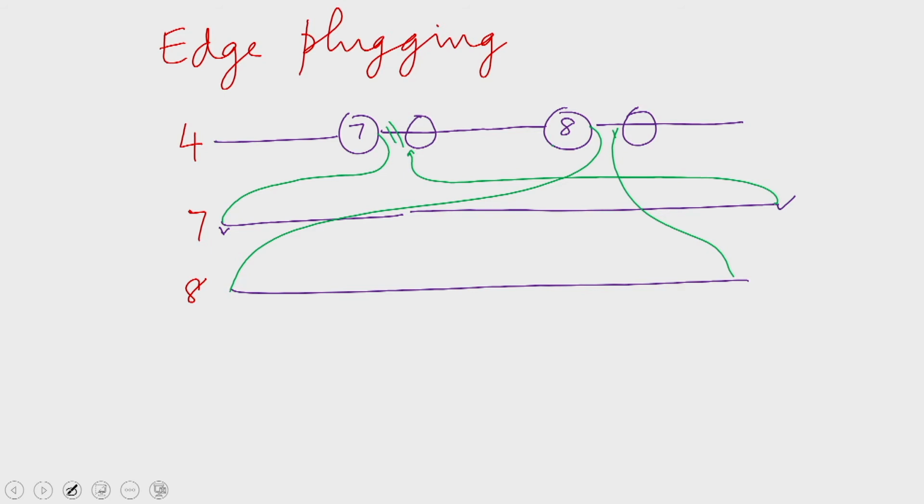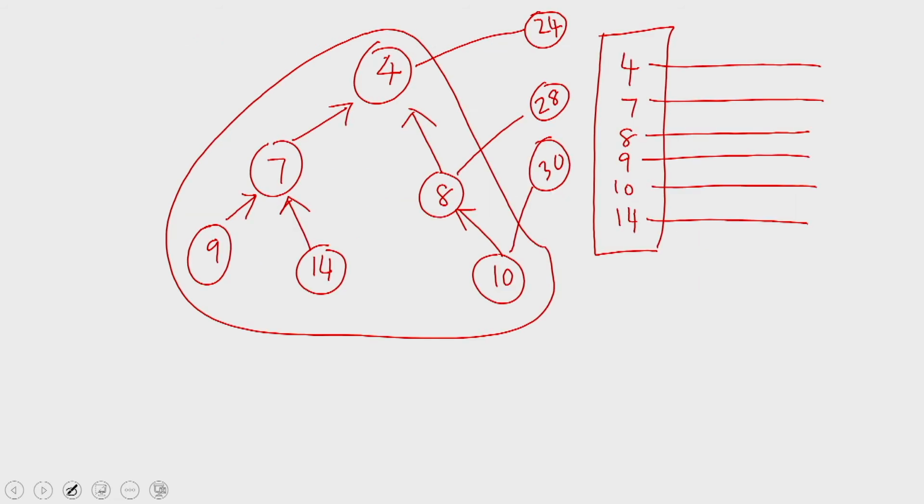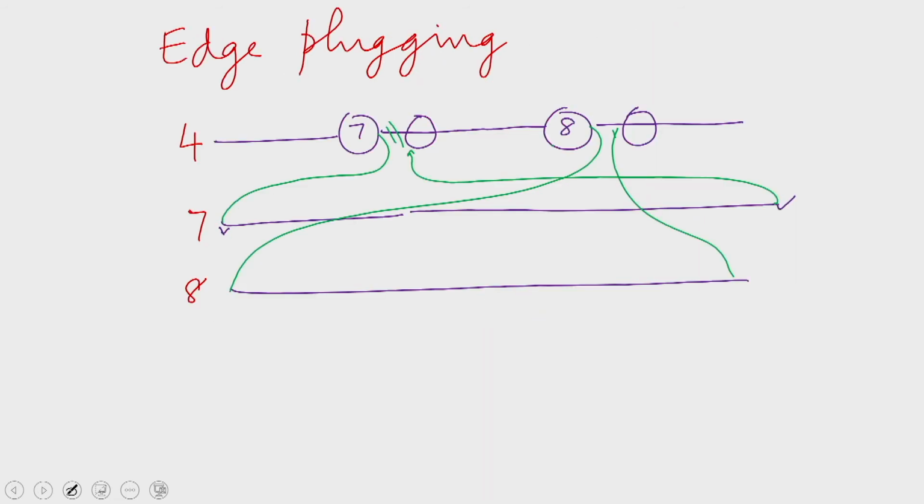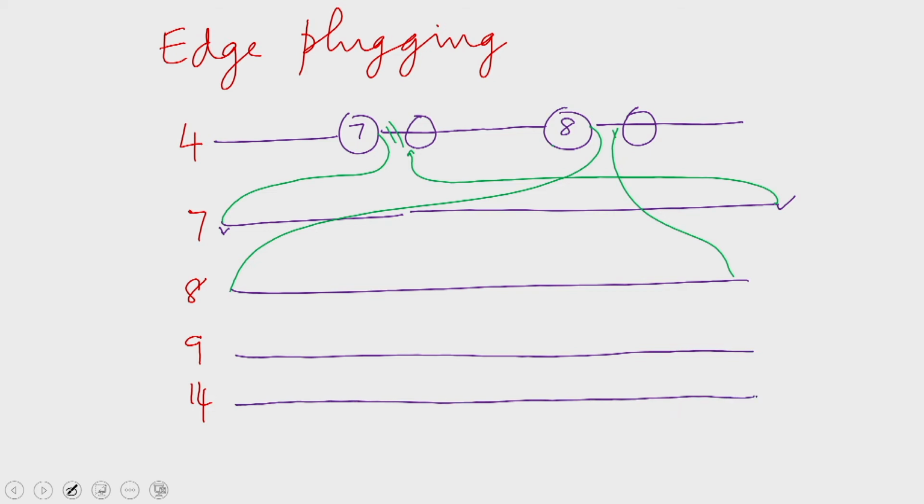At the same time, let us consider the children of 7 and 8. 7 has 2 children, 9 and 14. So, let us consider the adjacency lists of 9 and 14. Within 7 we have some location where 9 appears and some location where 14 appears. So, now exactly as before, the processor that is sitting on vertex 9 will be splicing in the adjacency list of 9 right after the entry corresponding to 9 in the adjacency list of 7.